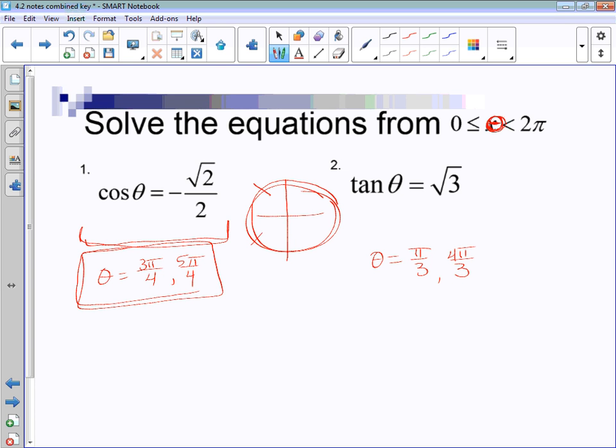Tangent is positive in the first and the third quadrant, okay? Do you guys see how signs are going to matter a lot in this too? You got to know your positive. Are we good with 1 and 2? Okay.